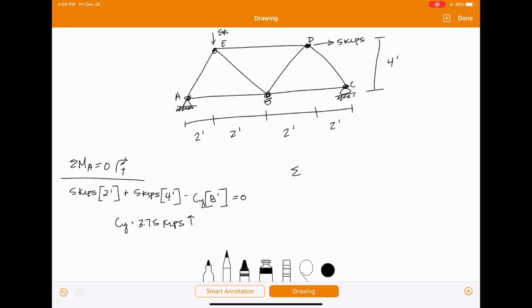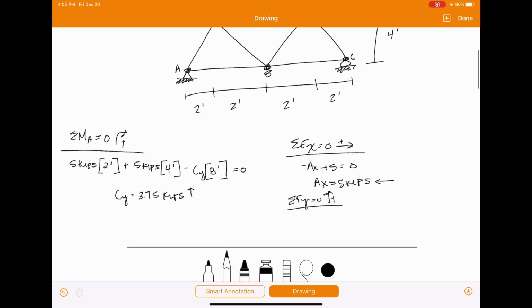Then you can take a sum of forces, X equals 0, and you'll get that negative AX plus 5 equals 0, so AX equals 5 kips that way. And then sum of forces, Y equals 0.